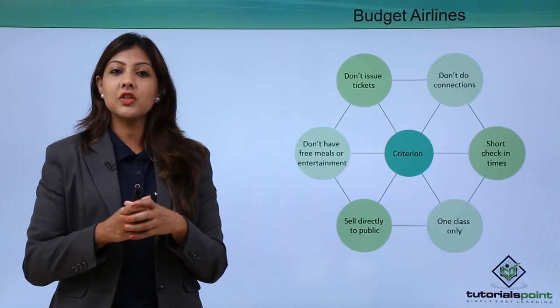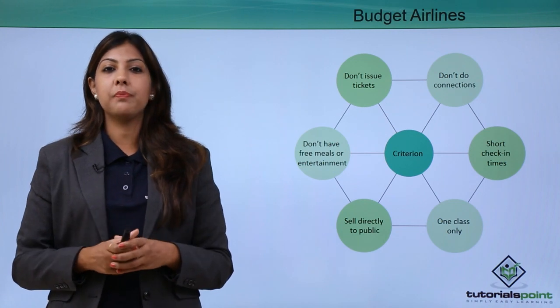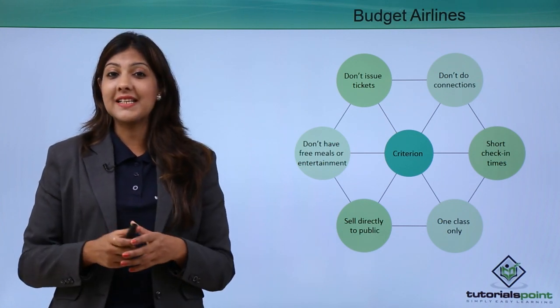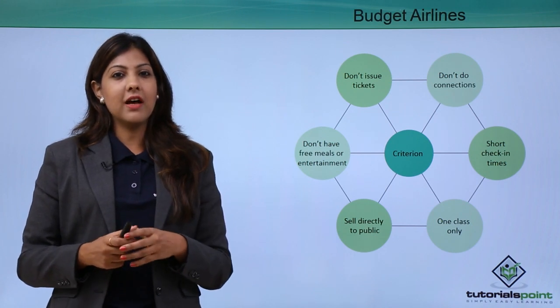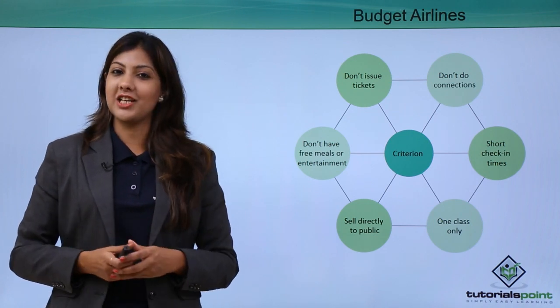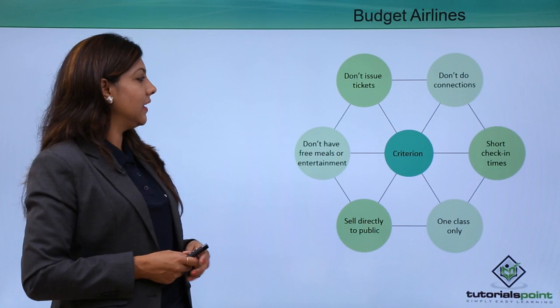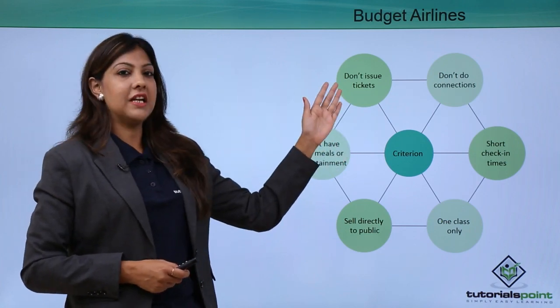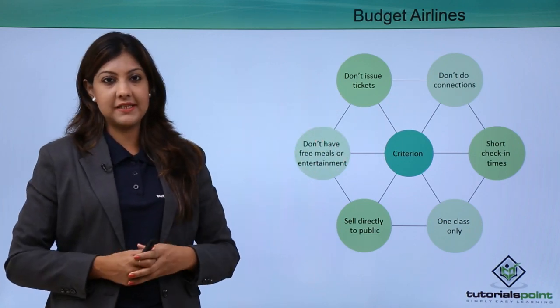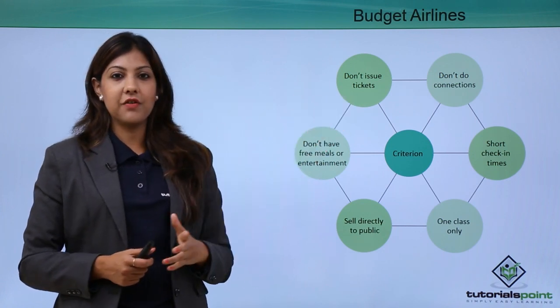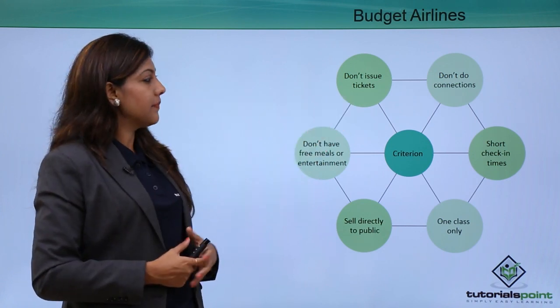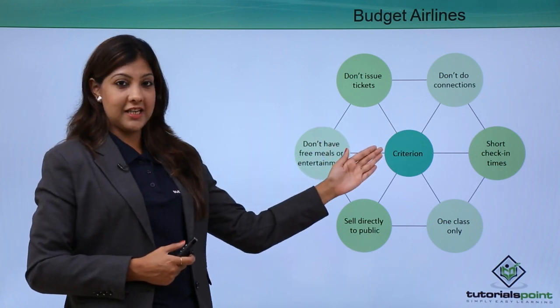Now friends, budget airlines are really cheap airlines which offer tickets at a very low price. There are certain parameters for budget airlines. Let's look at them. They don't really issue tickets, so there are no paper tickets given. They do not do connecting flights, so there are only direct flights. They have shorter check-in timings.